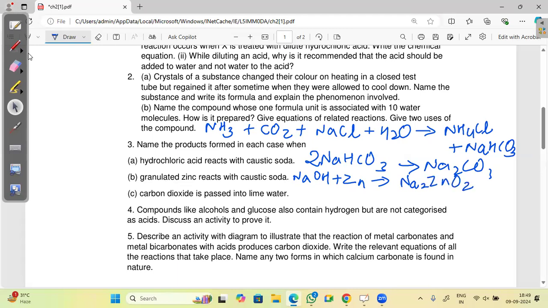Sodium zincate is formed. Carbon dioxide is passed into lime water. What is formed when carbon dioxide is passed through lime water?